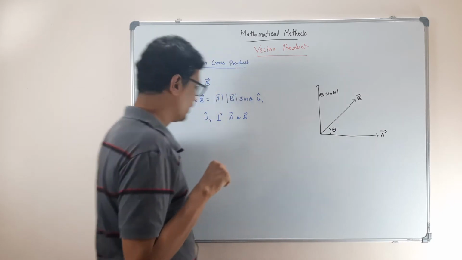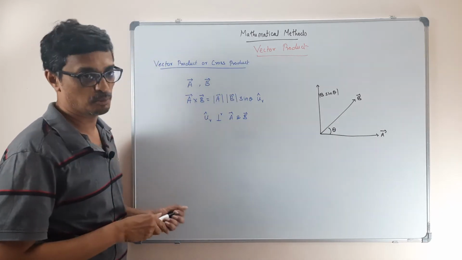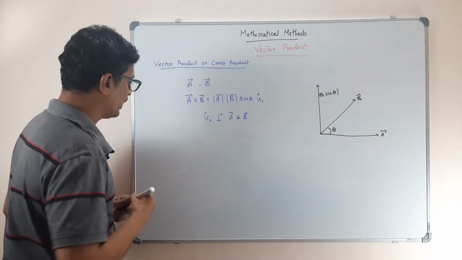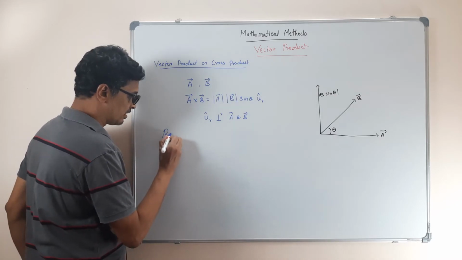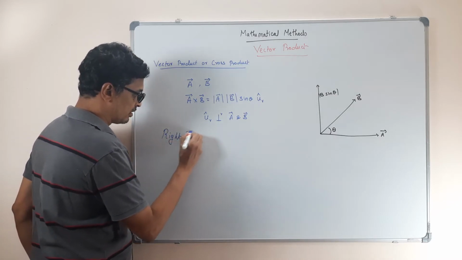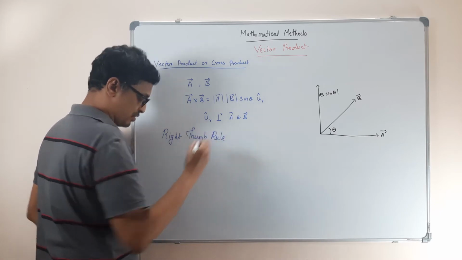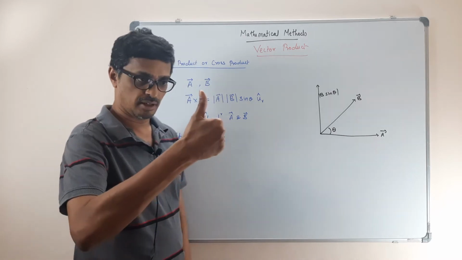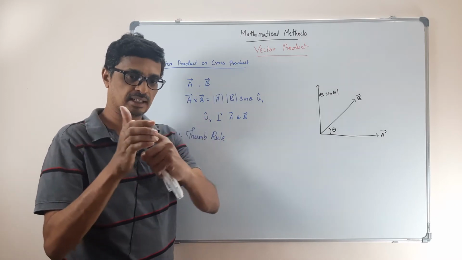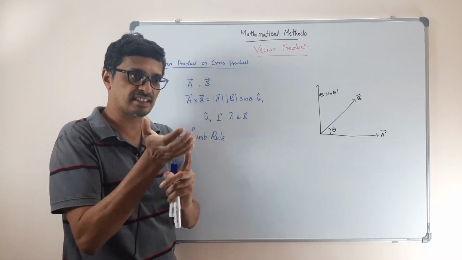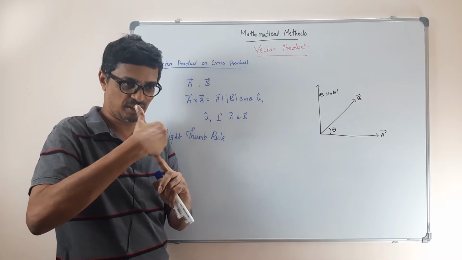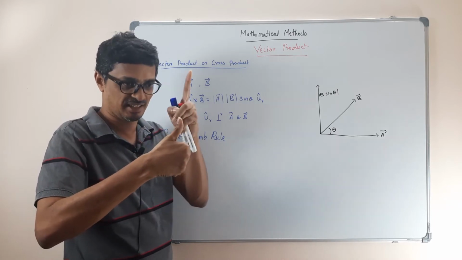That's what you call the right thumb rule. What the right thumb rule says is, hold your hand like this. The curved fingers show from where to where you are going, and the thumb shows the direction.